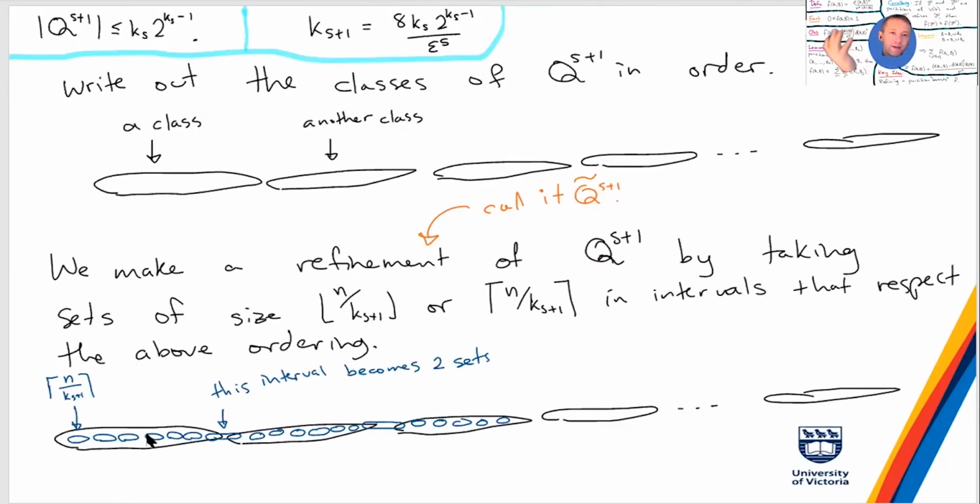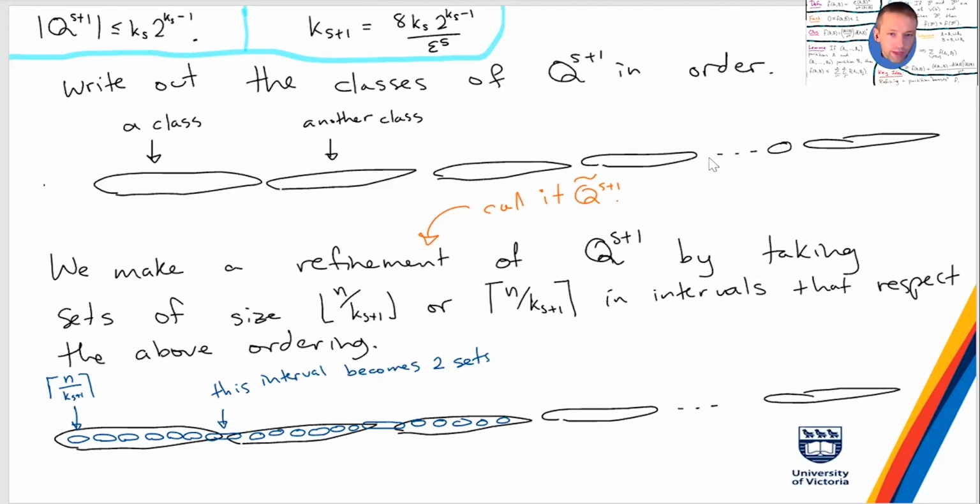So take my partition that I've got so far, my QS plus 1. It breaks the vertices into classes and just write them in a linear order from left to right. So I've got a class here, I've got another class. You could possibly have a really tiny class somewhere. These blobs kind of look the same size, but they're not necessarily the same size.